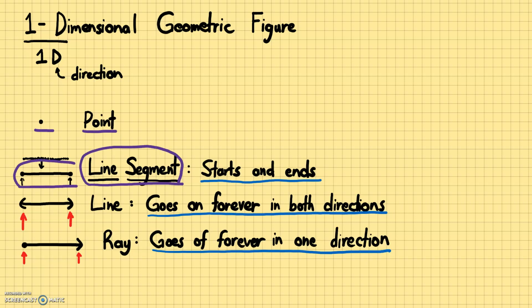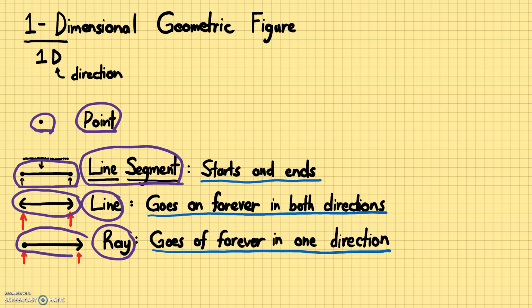A line segment looks like this. A line looks like this. A ray looks like this. If you're just starting this section, that's all you need to remember for now. Just memorize the names so that you become familiar with those when we refer to them later on.